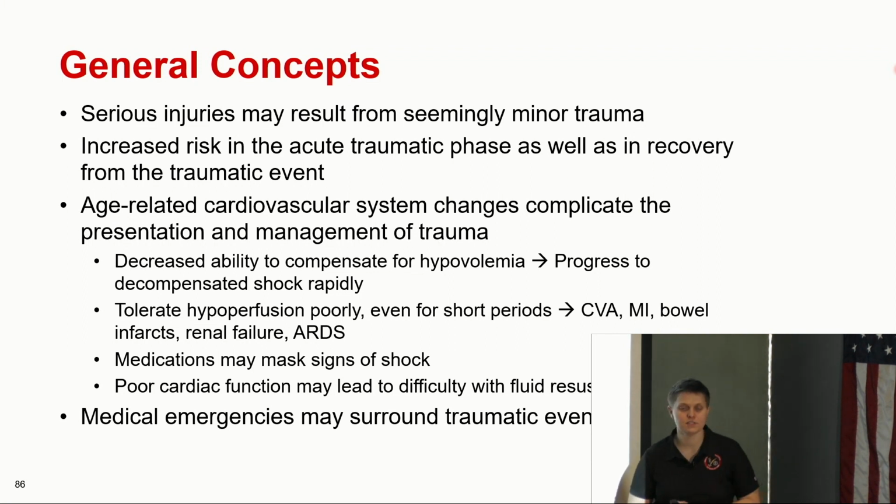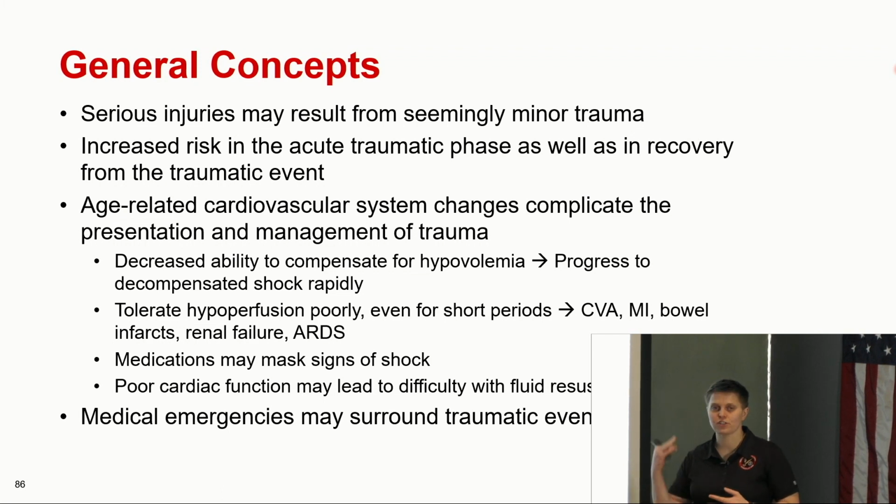Some of the general concepts around evaluating geriatric trauma patients: serious injuries may result from seemingly minor trauma, right? So a small fall can be deleterious. Maybe it resulted in a hip fracture or subdural hematoma, but major injuries can come from what seems like small trauma.